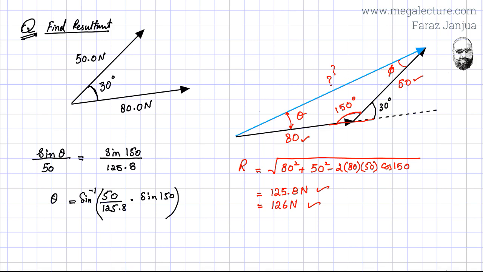Again, my recommendation is that you put everything in your calculator in one go and find your answer. 11.46 degrees, and a proper answer for this one should be 11.5, because 11.46 is too many significant figures for an angle. So the answer should be 11.5 degrees.